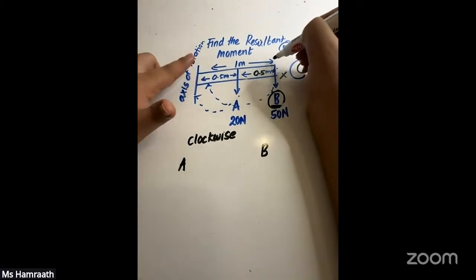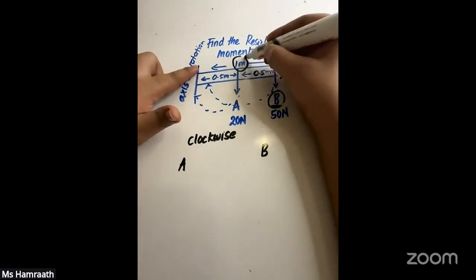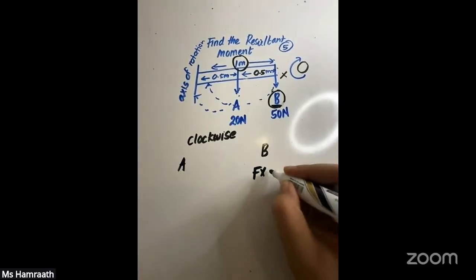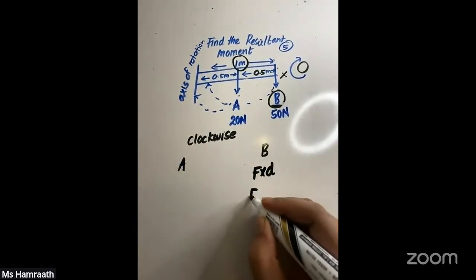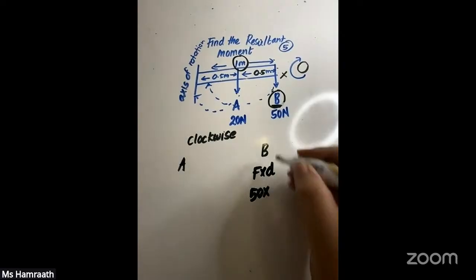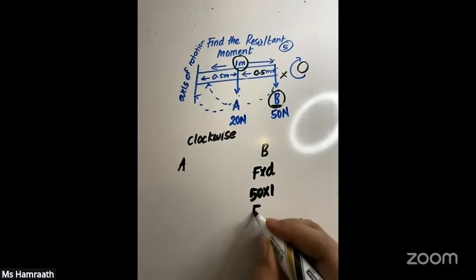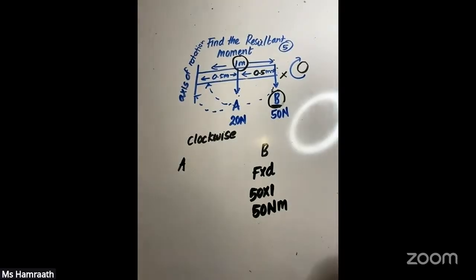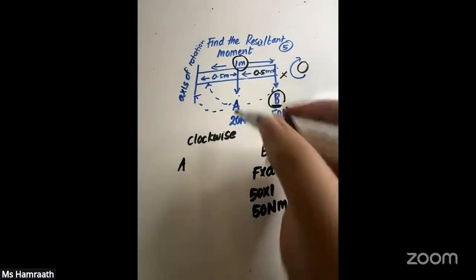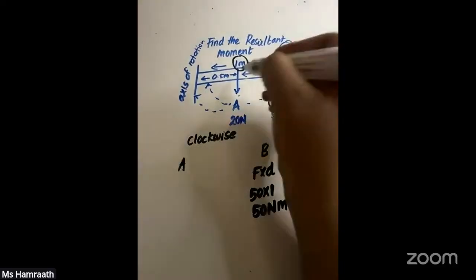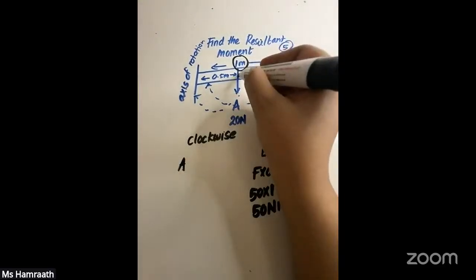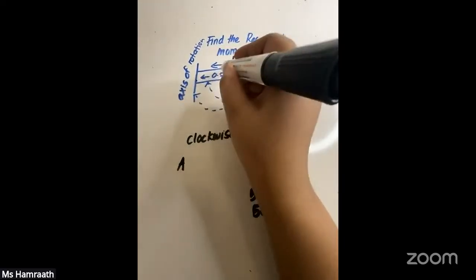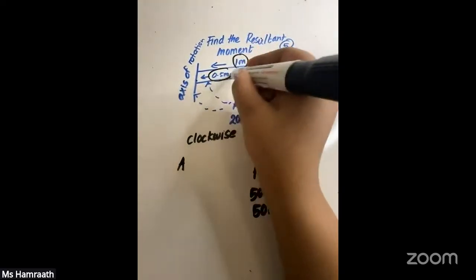So what is the perpendicular distance at B? That's going to be 1 meter. So F into D is force 50 into 1. So the moment of force at B is 50 Newton meter. Then if you're finding it at A, from here to here, what is the distance?